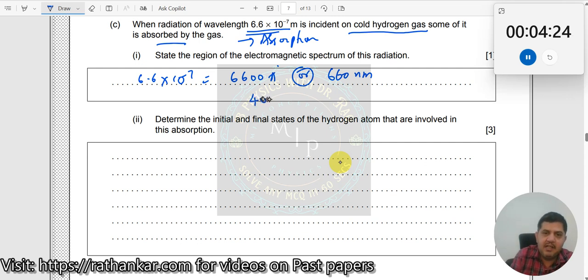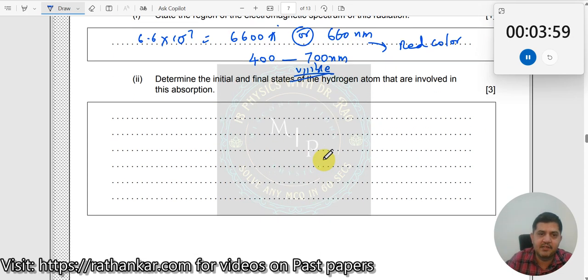We know that if you have a wave or a line which falls between 400 and 700 nanometers, this corresponds to the visible spectrum. Everyone knows this. So it belongs to the visible spectrum. 660 lies between that. I presume this will be closer to your red color line. Okay, let us move on to the next question.